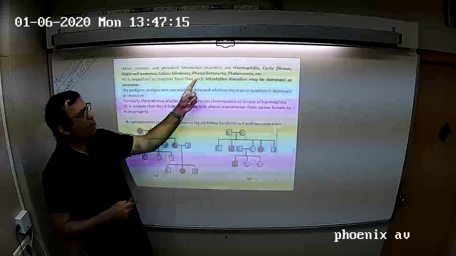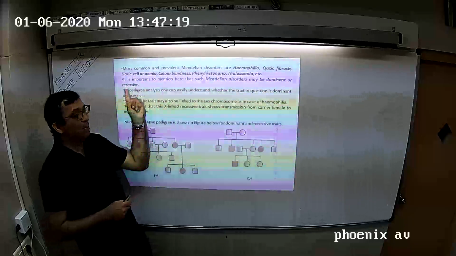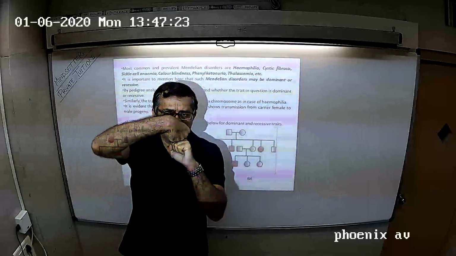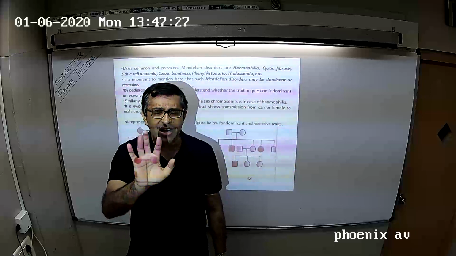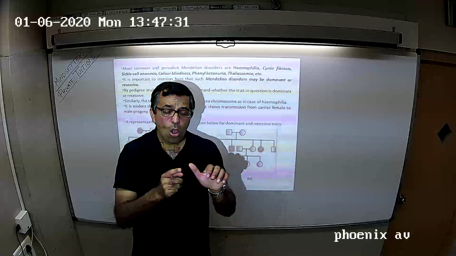And it is important to mention that Mendelian disorders may be dominant or may be recessive. एक Mendelian disorder dominant हो सकता है या recessive हो सकता है. And we have 5 types of Mendelian disorders.